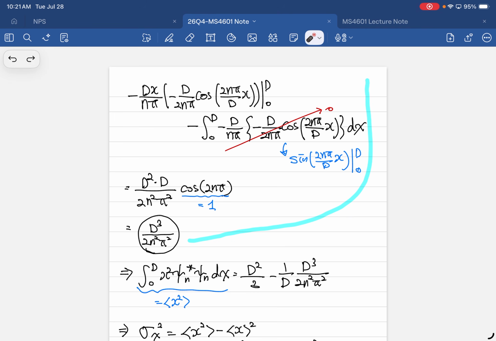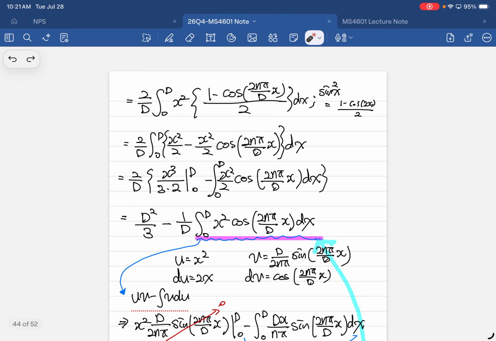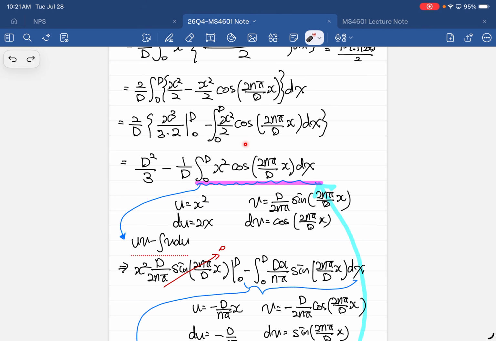Then with cosine 2nπ equal to 1, now you have d cubed over 2n squared π squared. This term was obtained by working on this equation only. It's a lengthy process, but it can be done.